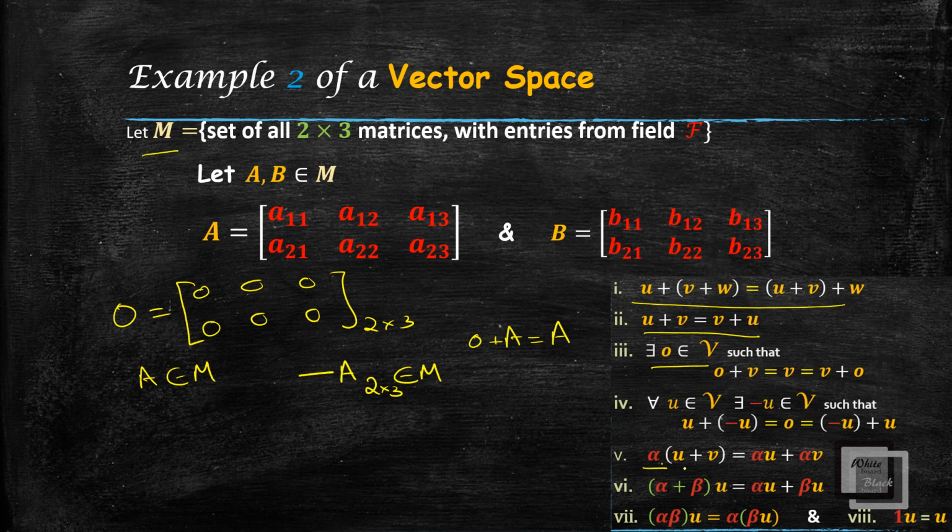Alpha multiplied by A plus B is equal to alpha A plus alpha B. Same for the seventh property and eighth property. So since M is a non-empty set and it satisfies all the properties, we can say that M is a vector space over a field.